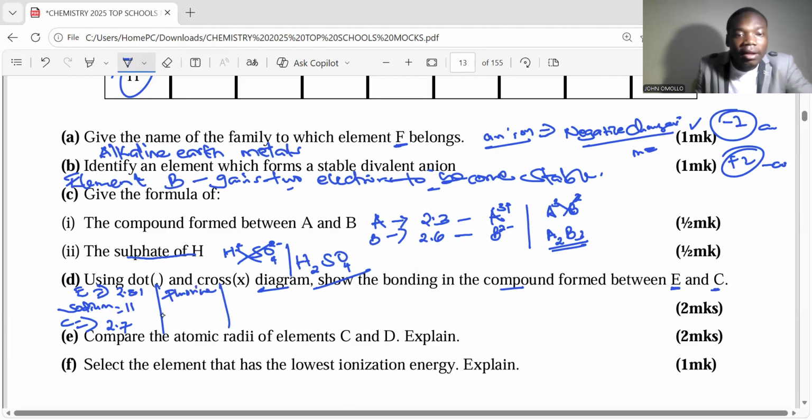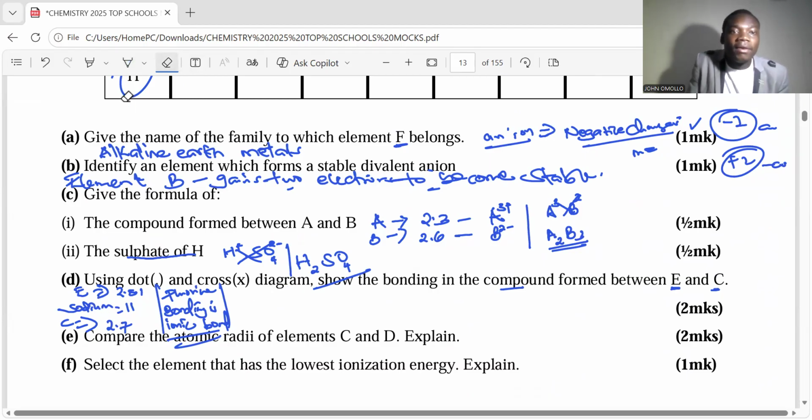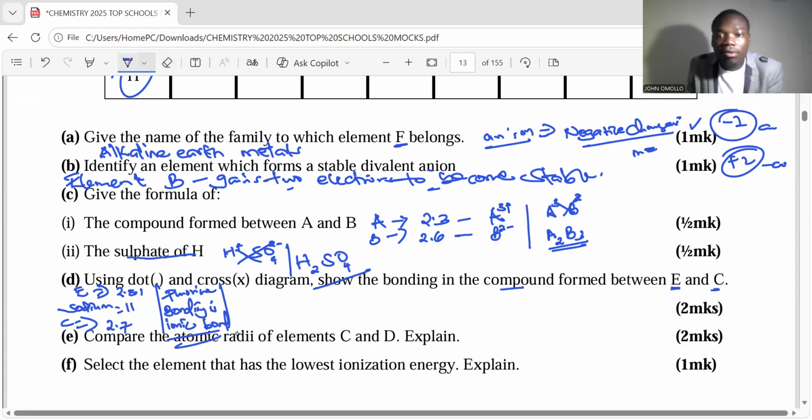So the kind of bonding is ionic bonding. The kind of bond that is going to be formed between the two is an ionic bond. Sodium and fluorine form a compound as they bond using the bond referred to as ionic bonding.